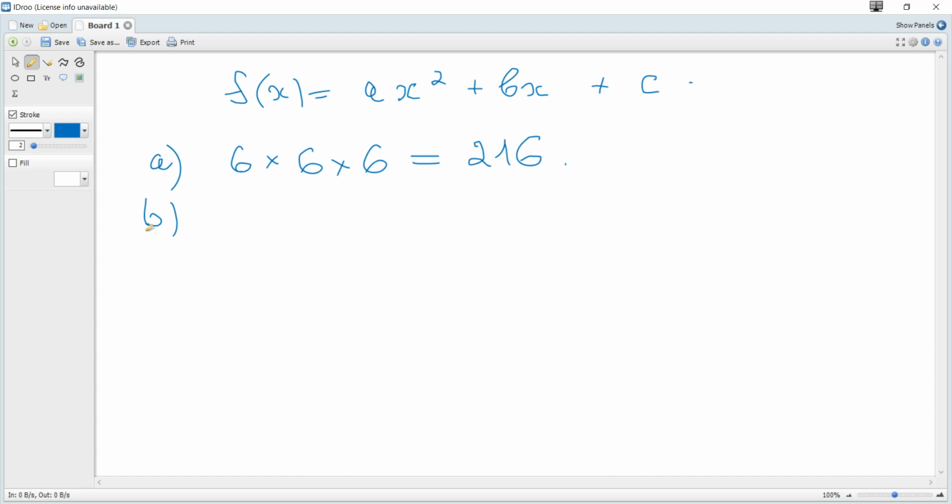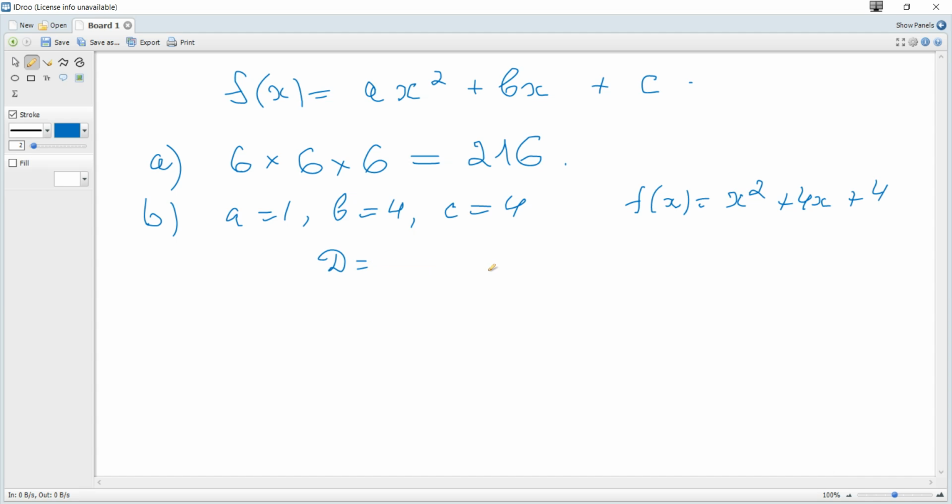Question B. The set of coefficients a is 1, b is 4, and c is 4 is randomly generated to form the quadratic function f(x) = x squared plus 4x plus 4. Verify that the graph of f has only one x-intercept, 2 marks. You may consider the discriminant, and show that the discriminant is equal to 0.